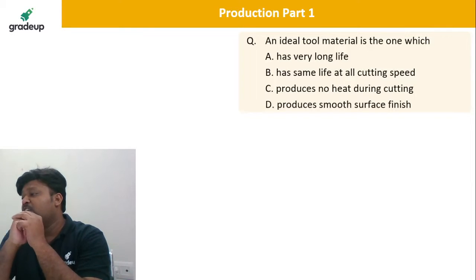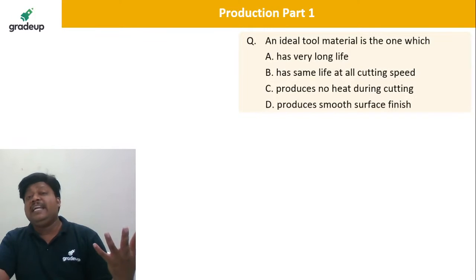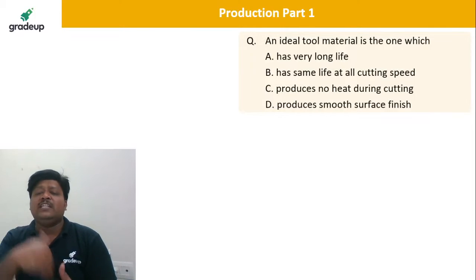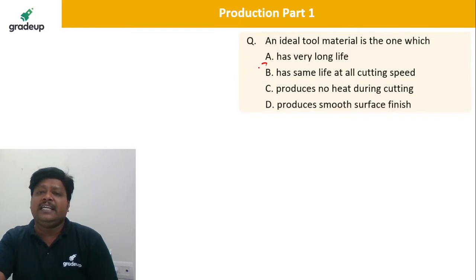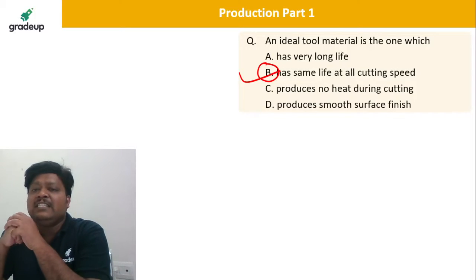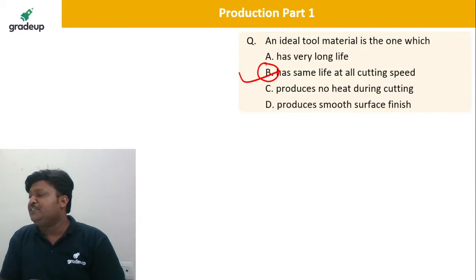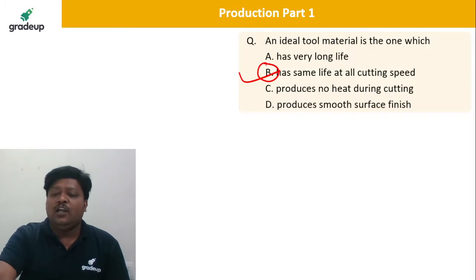We do not want only a long life, we want the same life. Even if I machine at low, medium or high cutting speeds, it should not deviate. Chahat, very good, option B is correct. The ideal tool material has the same life at all kinds of cutting speeds. B is the correct answer.